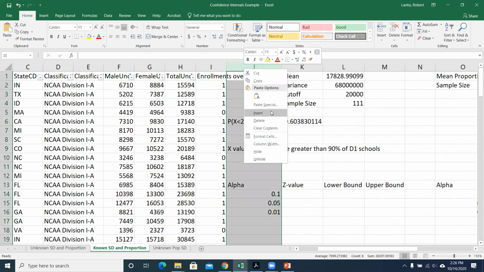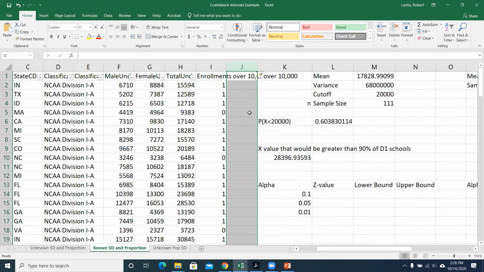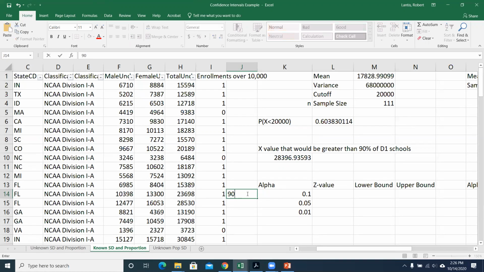There was nothing here, so you could just right-click, insert, give us another column, just so we have a nice reminder that an alpha of 0.1 corresponds to the 90% level, alpha of 0.05 to 95%, and an alpha of 0.01 to the 99% confidence level.